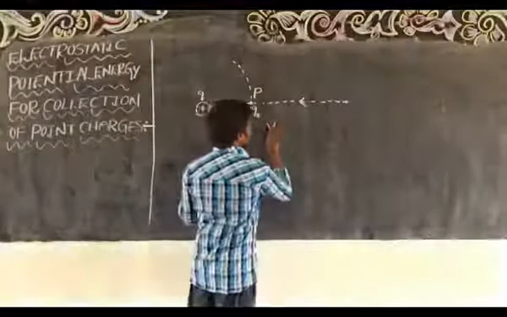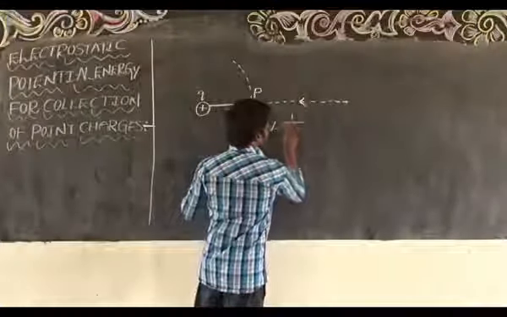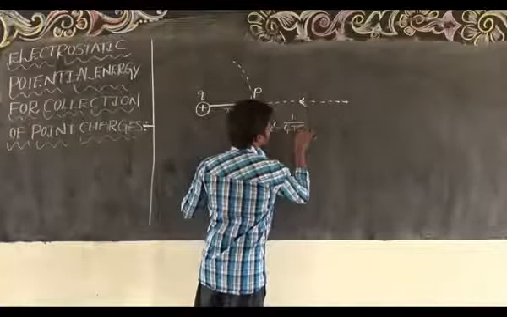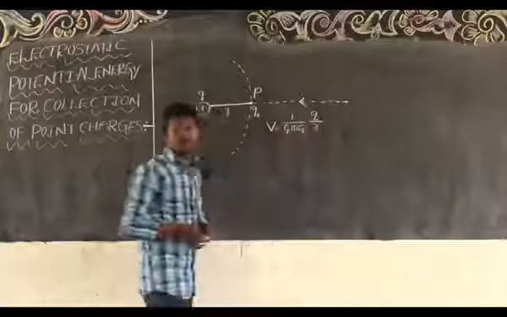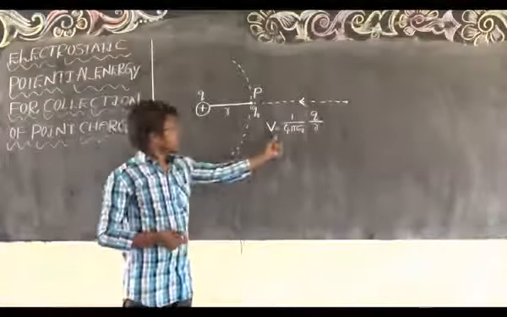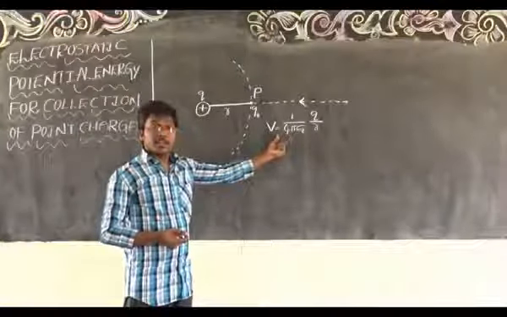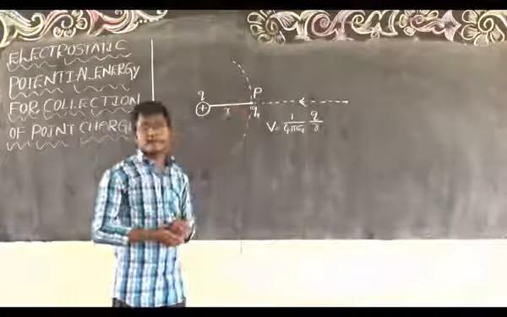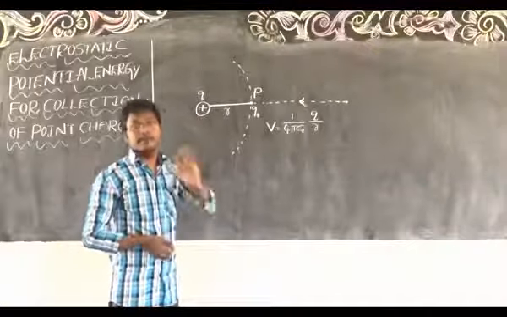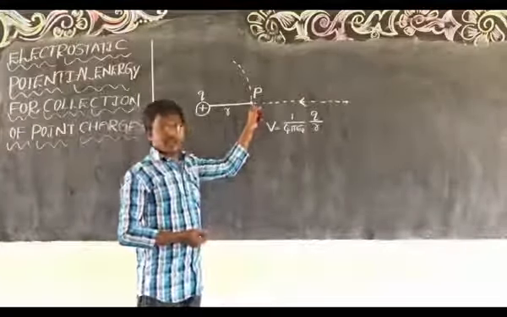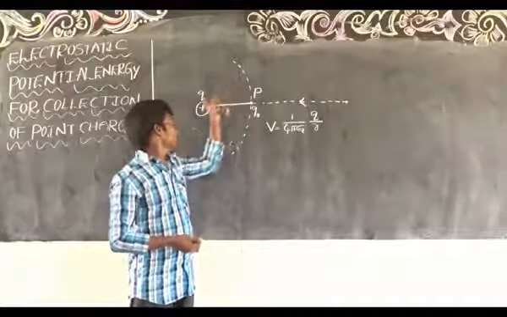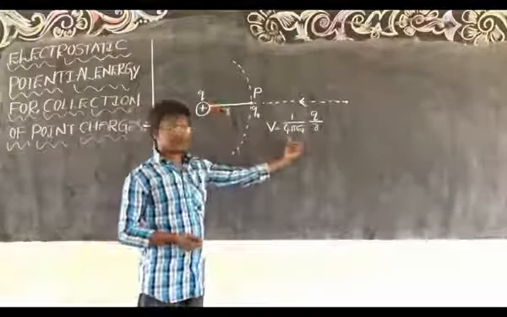V is equal to 1 by 4 pi epsilon naught into Q by r. Electrostatic potential at point P due to the plus charge is this.